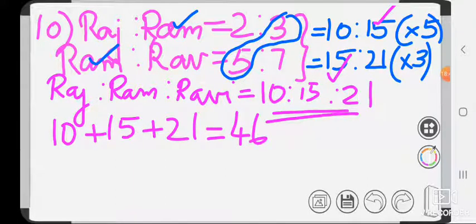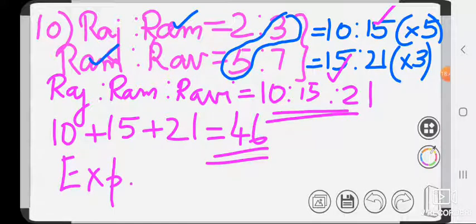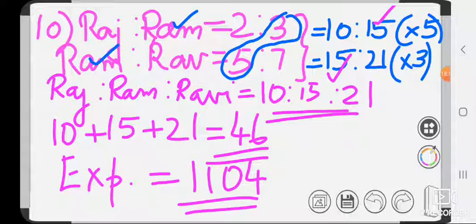What is the total ratio? 46. Now the total expenditure is given. What is the expenditure given? 1104. Now we understood the total ratio, each person's ratio we found, 10, 15 and 21, and the total expenditure is also known. Now we can find out each person's share.